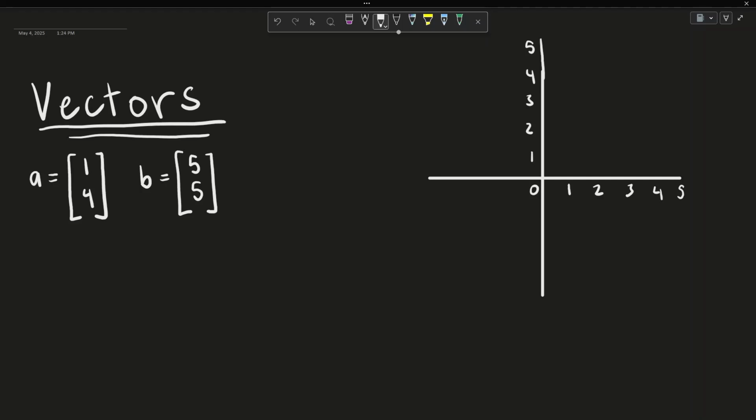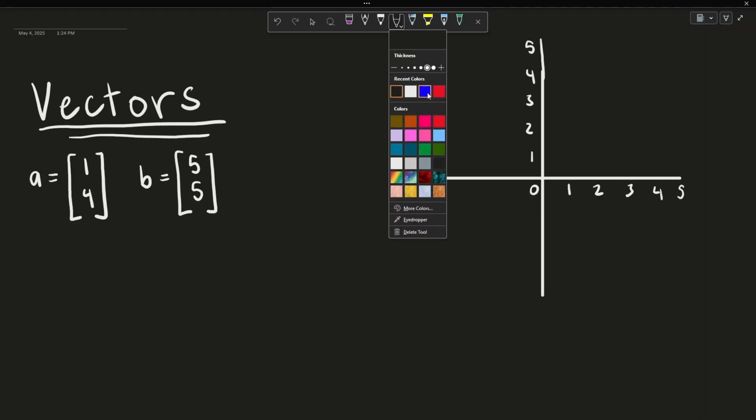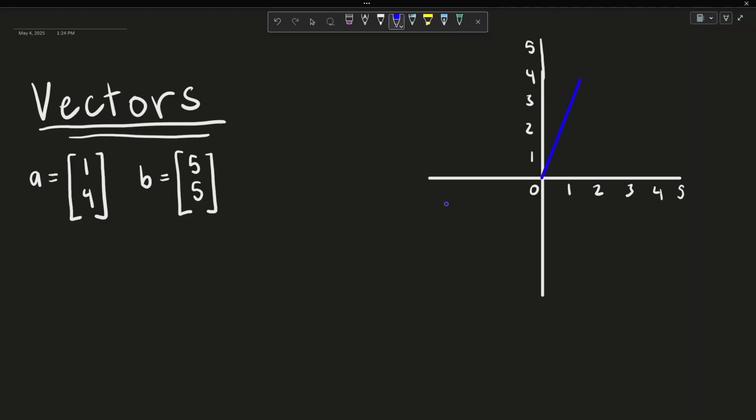Okay, so first we'll start by drawing the vector A. And let's draw this vector A in blue. So we'll first start by finding the x-coordinate, which is 1, and then the y-coordinate, which is 4, and we'll observe that it starts at the origin. Just in the standard vector notation, we always start at the origin, and it ends at this point.